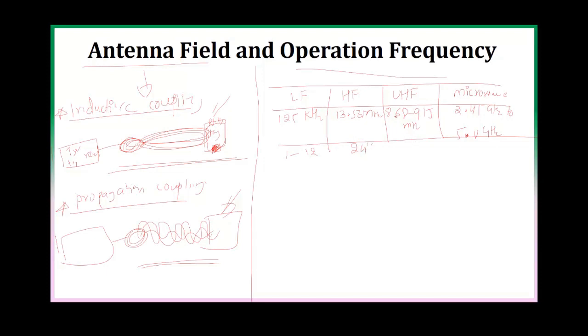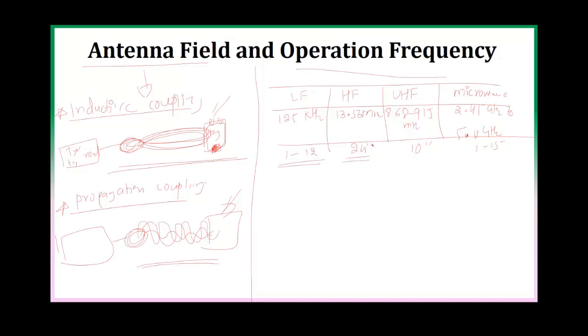In the next case, almost like medium range, or we could say moderate, and the next one is actually like, so I could not say, so consider this to be 1 to 12 inches.